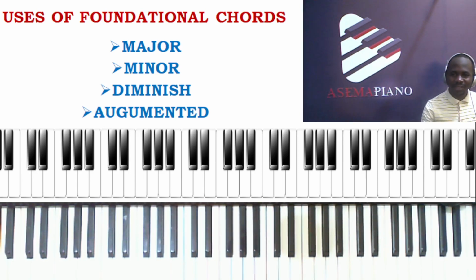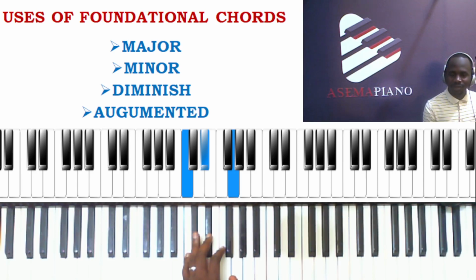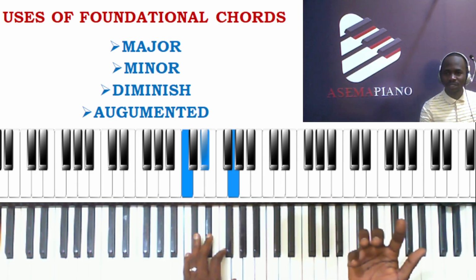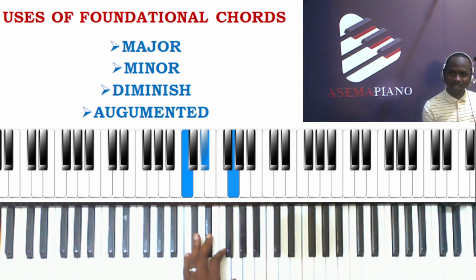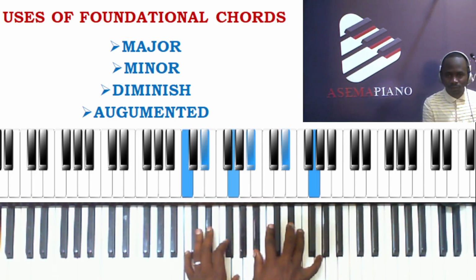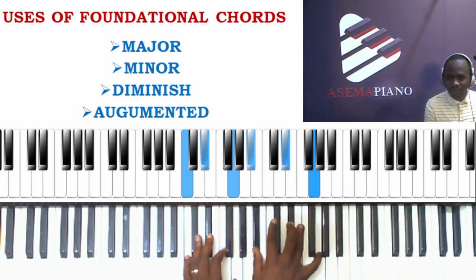If you add the 2 to the chord that you have added to the previous chord, because my foundational chord was C minor. The other chord that I have brought to add the 7th was the E major. See, this one.